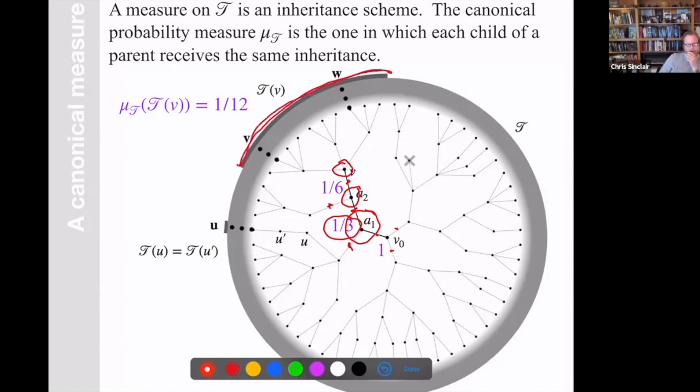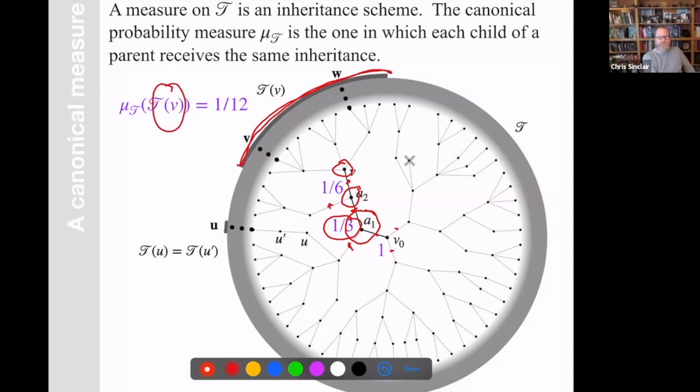So I can define a measure on my tree by looking at how much inheritance I would get. And since tau_V generates the topology, it also generates the Borel sigma algebra.